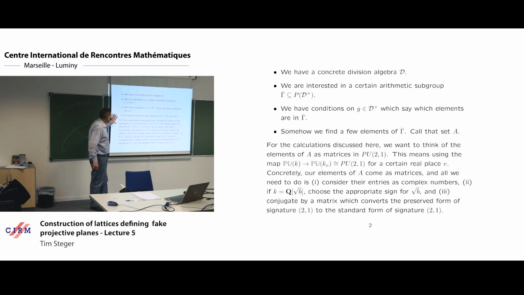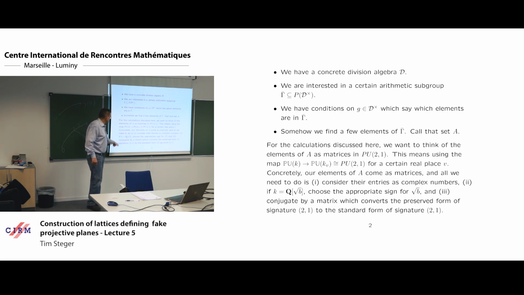For the calculations that I'm going to discuss, we're not really interested in all of the algebra that's involved in D. We're just going to treat these elements as matrices in PU(2,1). So actually, they're already given as matrices. Our concrete realization of D is as a matrix realization. In order to convert to matrices in PU(2,1), first of all those algebraic expressions need to be thought of simply as complex numbers.